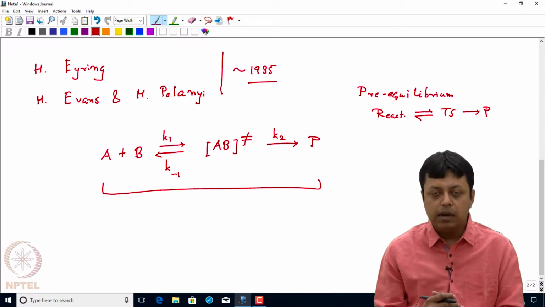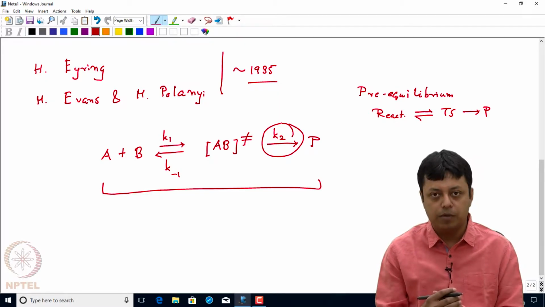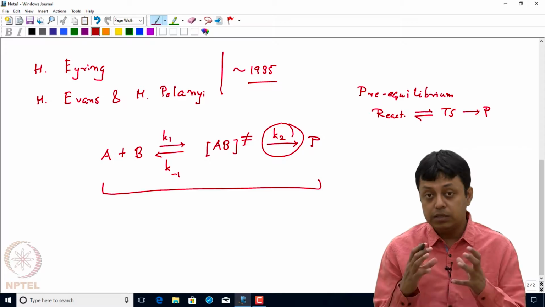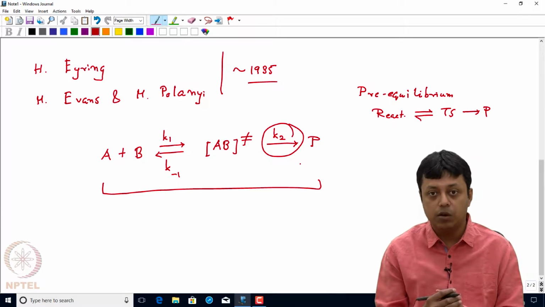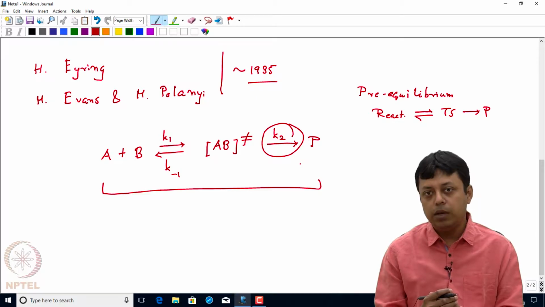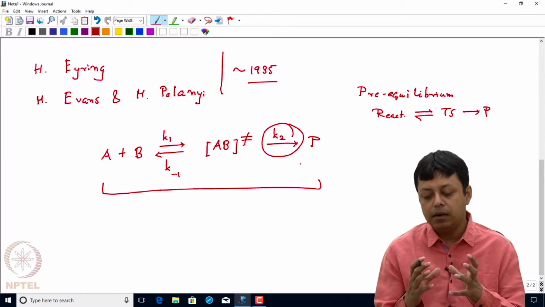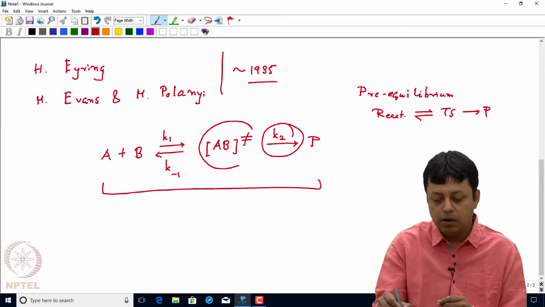Secondly, what is the rate of product formation? Now you know that this equilibrium approximation will hold if the step with k2, the second step or the rate step of product formation, is much slower. Usually that means that whenever I form an activated complex, according to their nomenclature, this is called the activated complex.